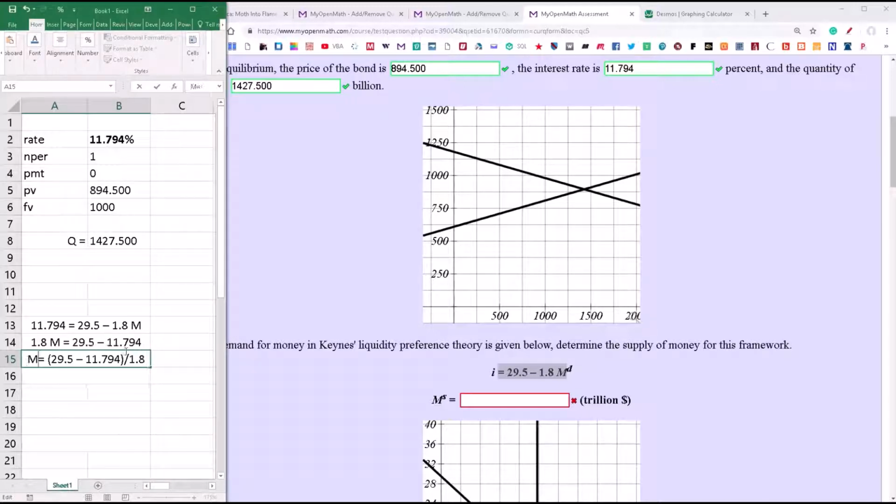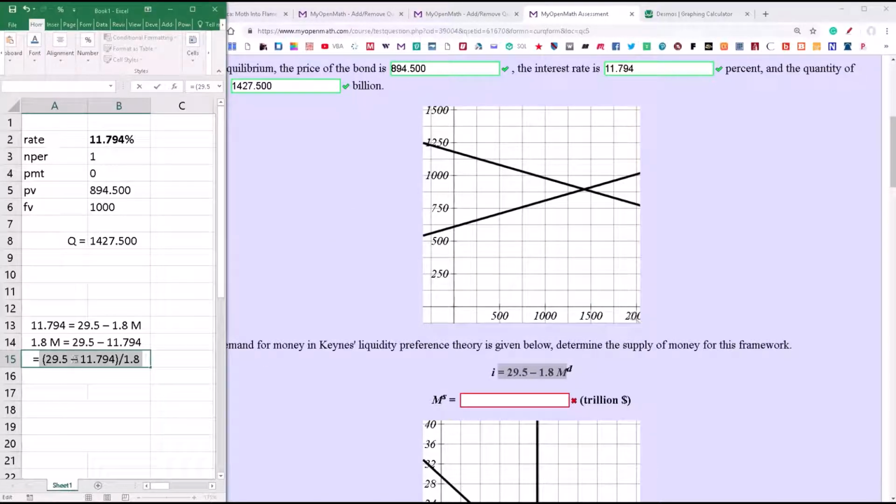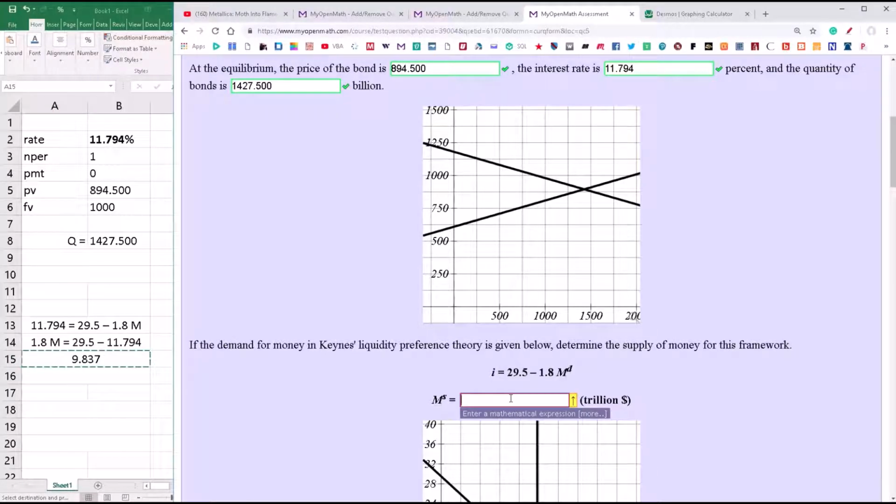I'm going to delete the M. I've got to change this to a small dash. So the quantity of money in this market is $9.837 trillion.